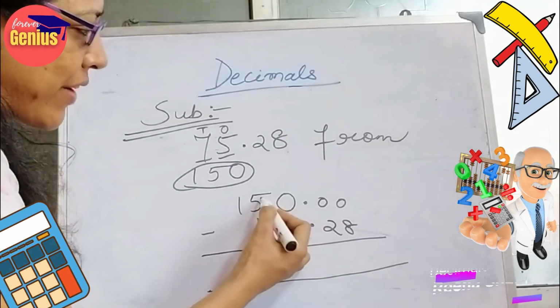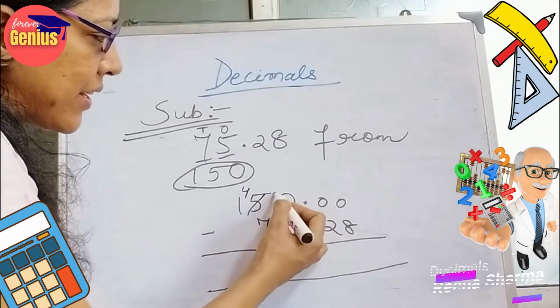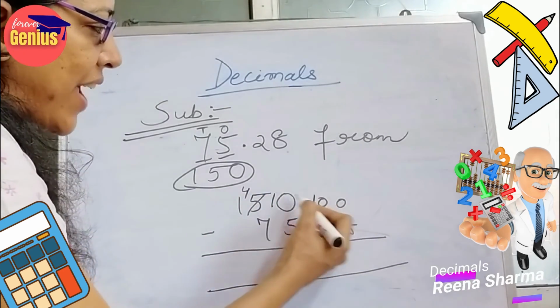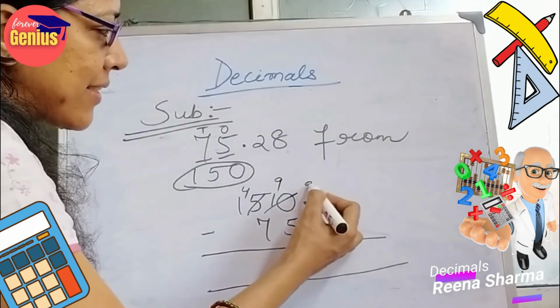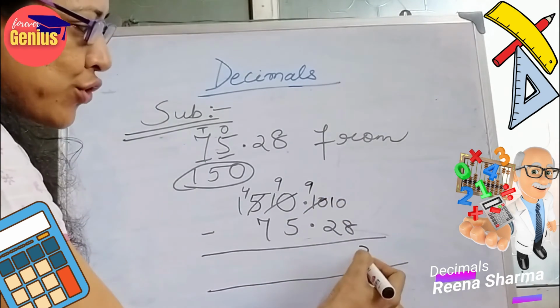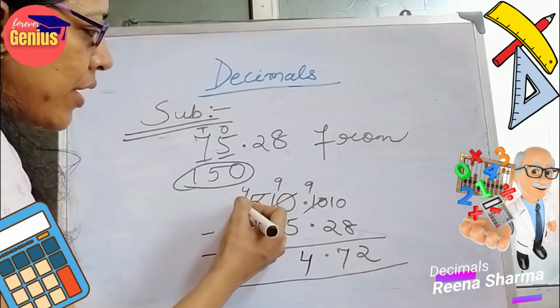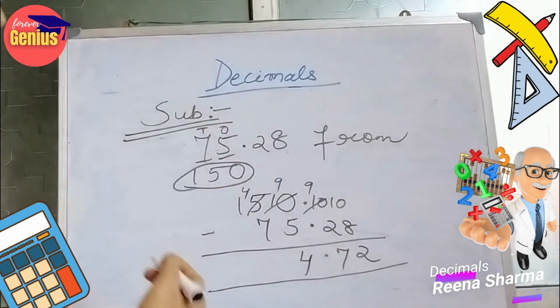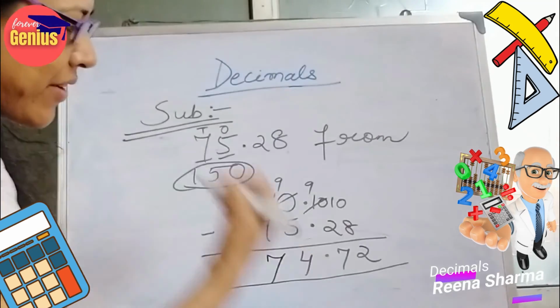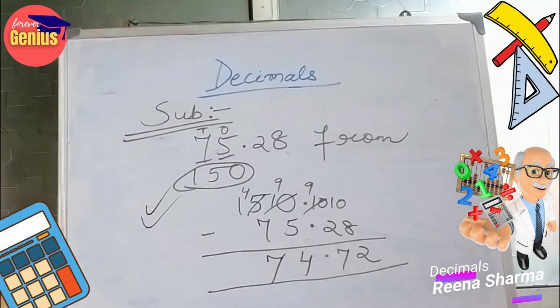We cannot take carry, so we have to take carry from here. It is 10. Now this is 10. This is 9. This is 9 and this is 10. So 2, 7.4. Now this is 14 and 7. This is 7. Got it?